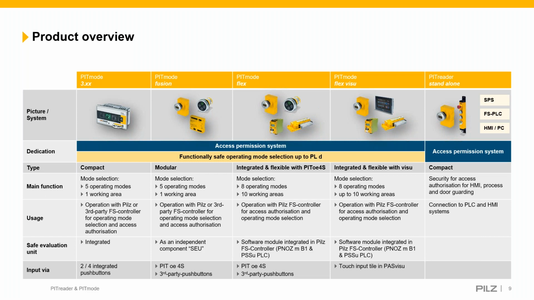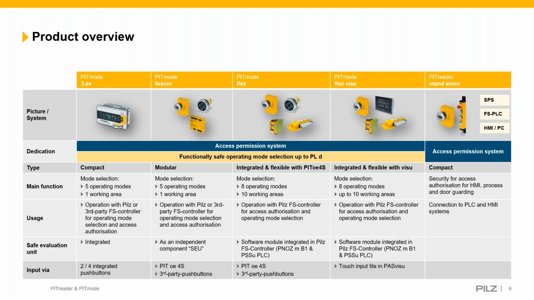Our PITmode Flex and PITmode Flex Visu systems, the difference with those is that there's no safe evaluation unit. The safe evaluation is done within the program software within the Pilz functional safe controllers. They still require either a membrane keypad, which can be the Pilz unit, or it could be used via third-party push buttons.